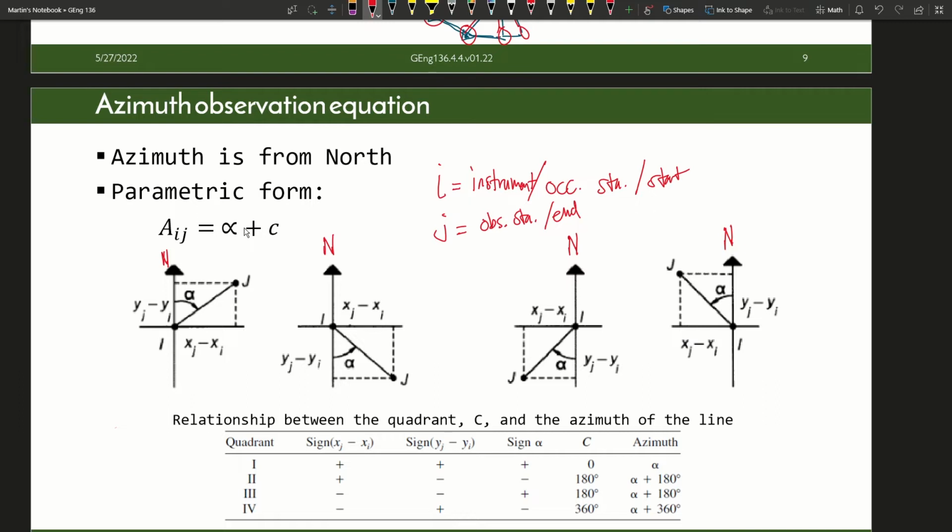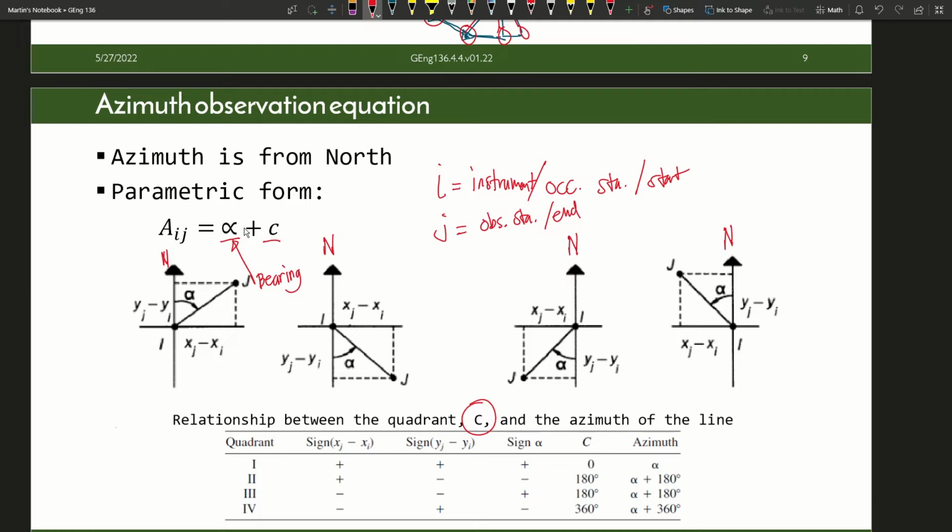Then we have your alpha, which is your angle from north, or your alpha is just your bearing. Then plus C is what we call the addition, the constant, depending on where your alpha lies.